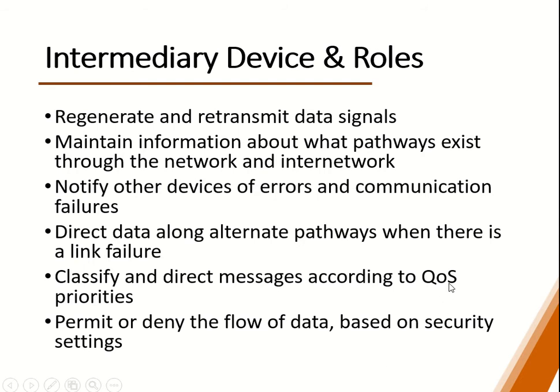So again, sa chapter 1, gimension nato that our network has this prioritization, no? Wherein hatagan niya og high priority if it detects that this information is of importance to the organization, and less priority if dili siya kaayo importante. And lastly, ang mga intermediary devices permits or deny the flow of data based on security settings.